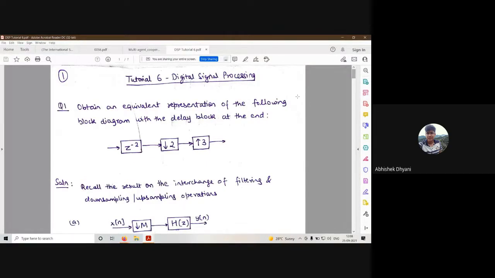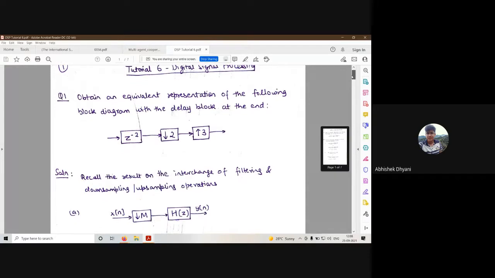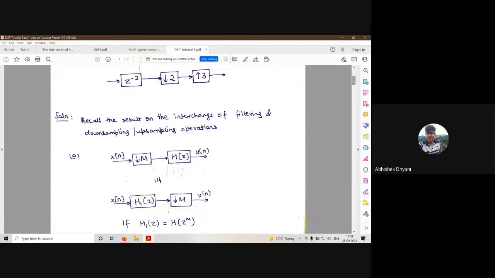All we have to do in this problem is show how we can use the noble identities that were discussed in one of the lectures. There are two noble identities. One is that whenever we have a downsampling block followed by any filter H(z), we can replace these two blocks like this.